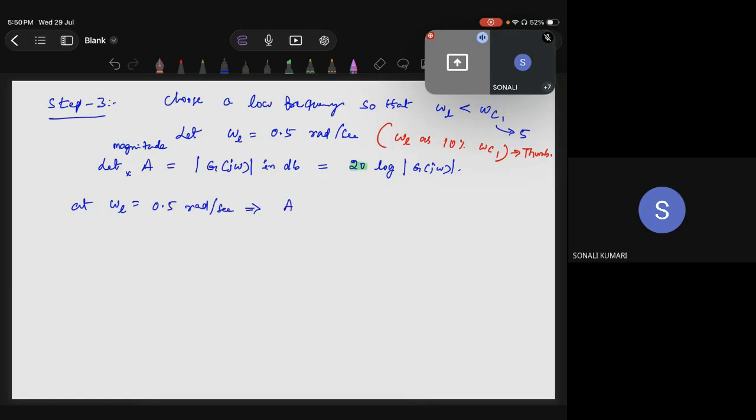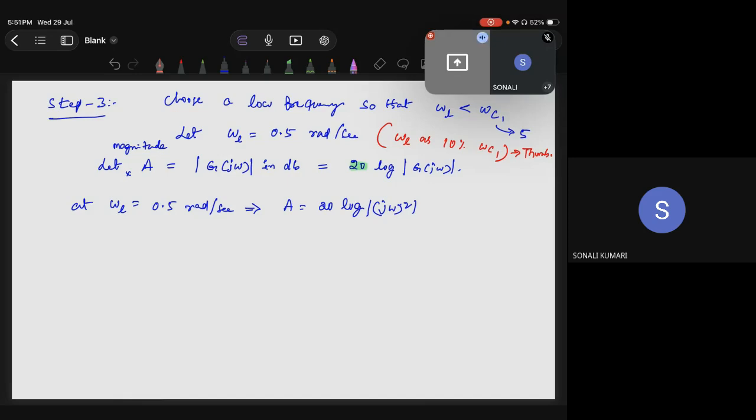So using this, we can find 20 log mod Z of j omega whole square. Directly we substituted that expression only.